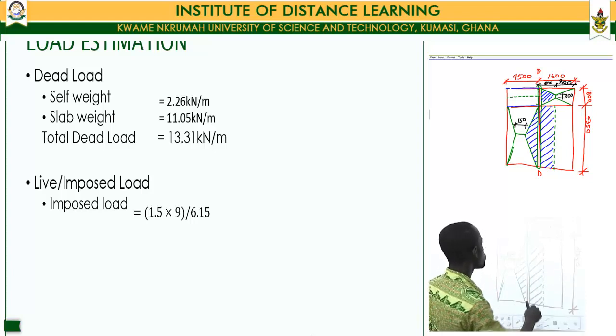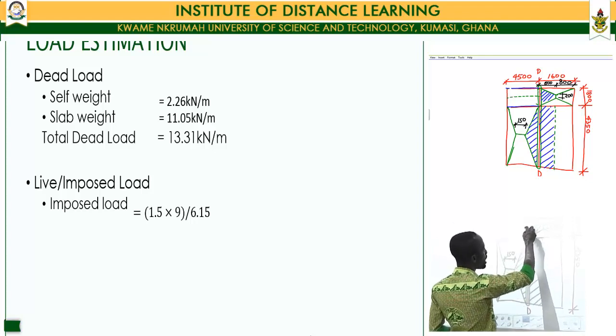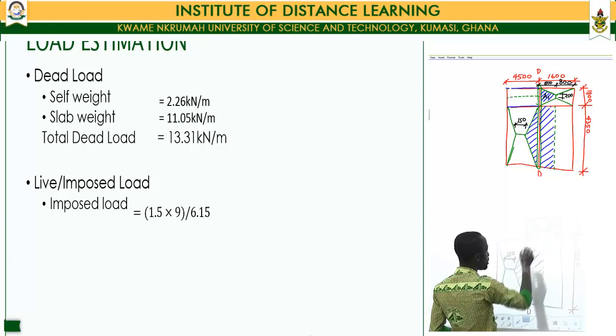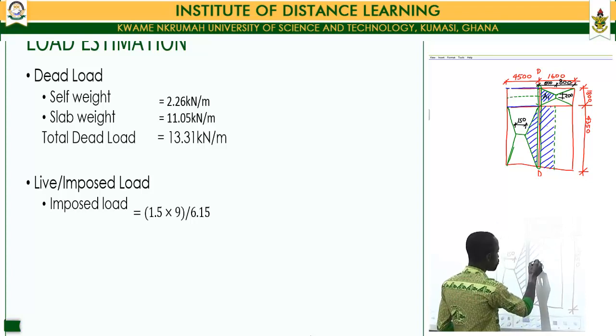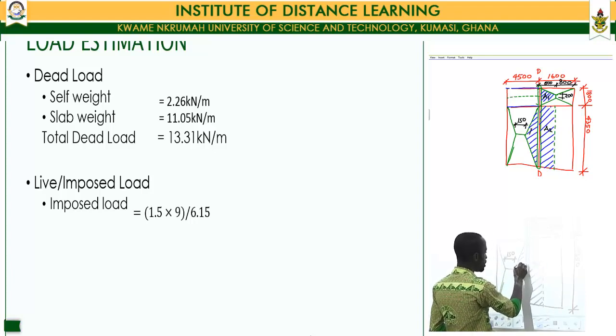Therefore, starting from the topmost right part of our beam and labeling the various areas as A1, A2, and A3, we can move ahead and calculate the areas of the floor panel that our beam is supposed to carry.